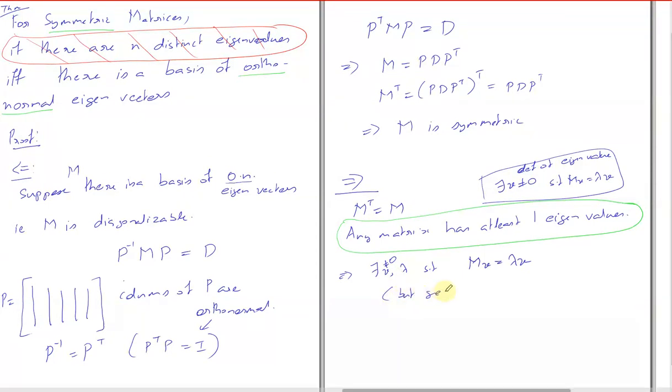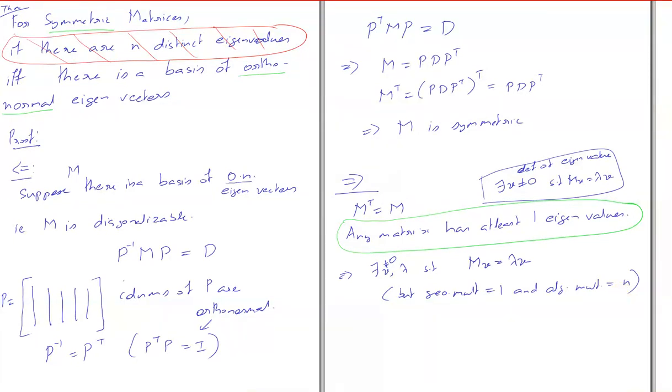But if we consider the complex plane, then any matrix will have all the n eigenvalues, right? But all of the eigenvalues could be the same, no? Yes, sir. But then it will be has at least one eigenvalue. Yeah, that's what is written.